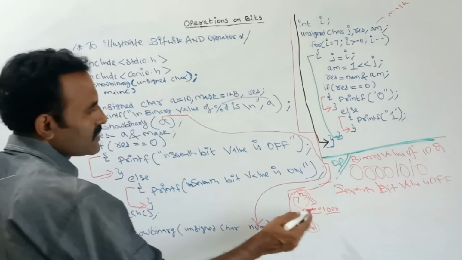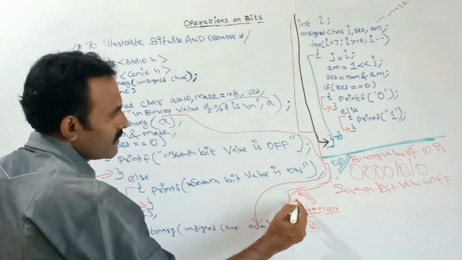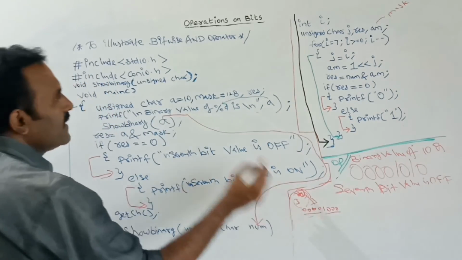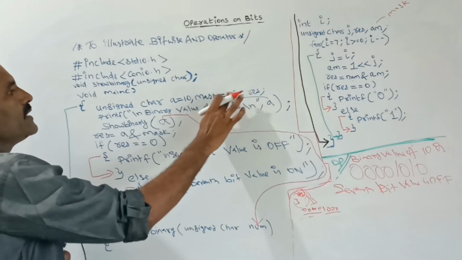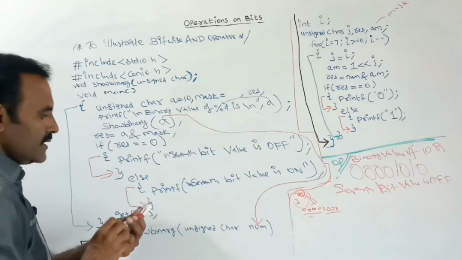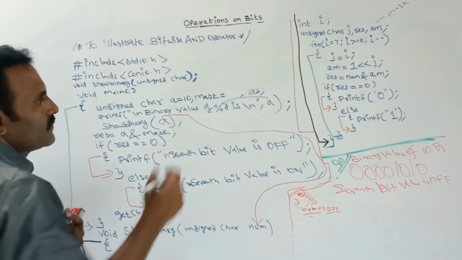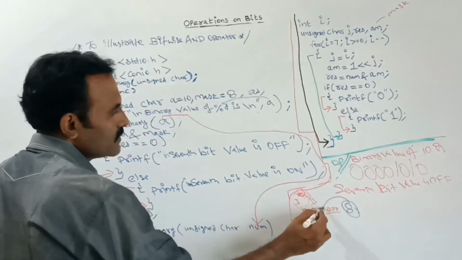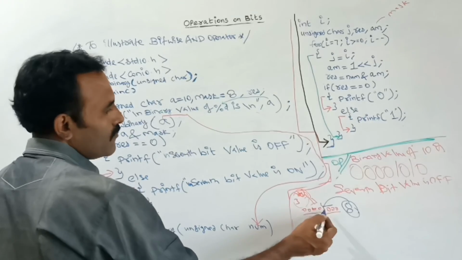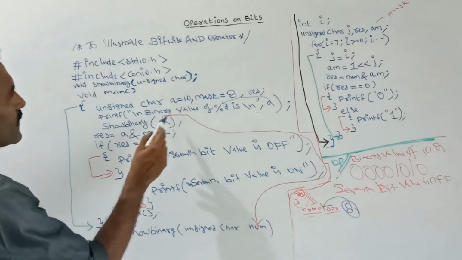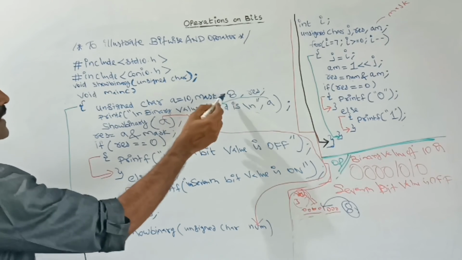This is the mask value for finding the third bit. While applying it here, we should give only the decimal value. If you convert this mask value into decimal, the value is 8. So here I can give it as 8.